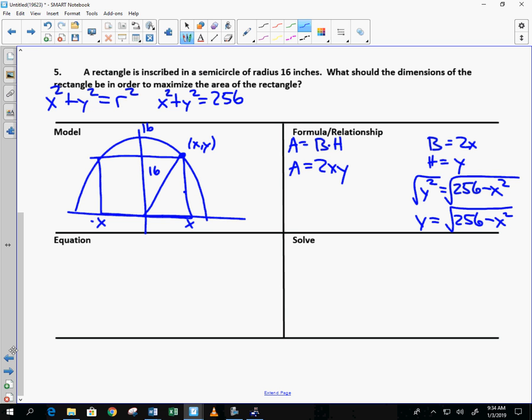Please be careful, all of you who want to take the square root of 256 and the square root of x squared separately. It's totally illegal. Big time voodoo math. Just let it be. So therefore, my area is equal to 2x times the root of 256 minus x squared.